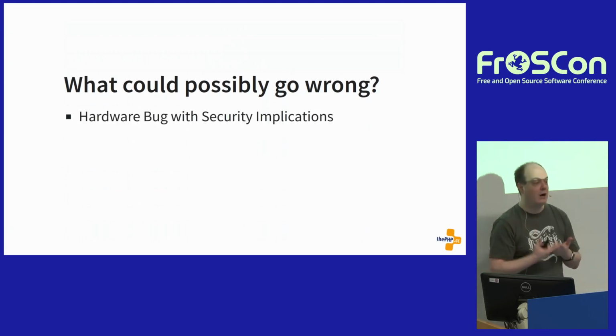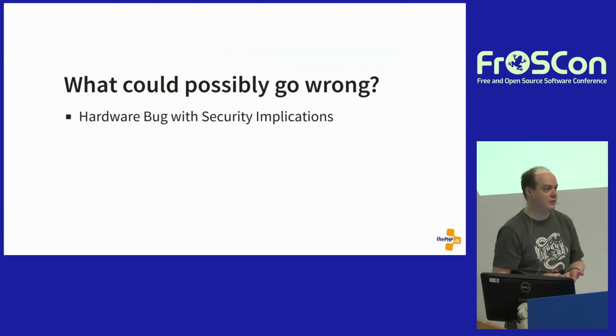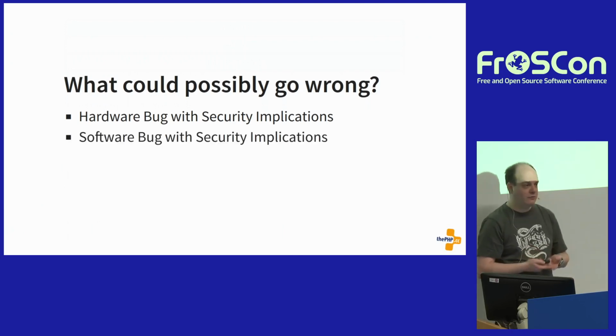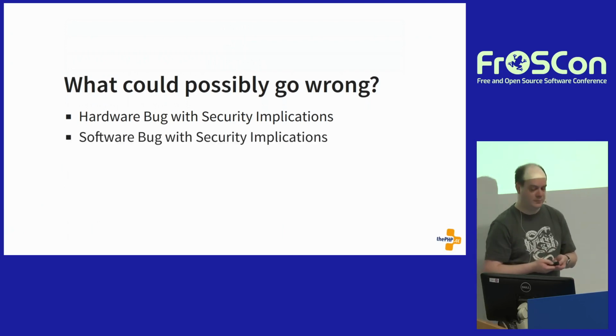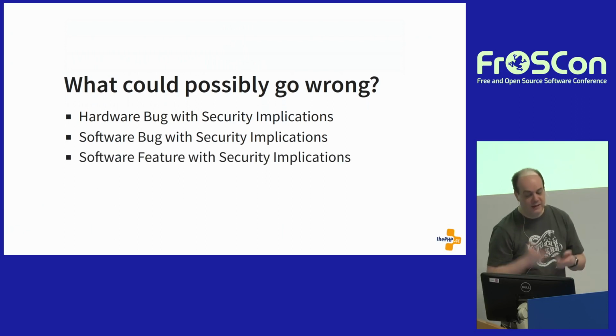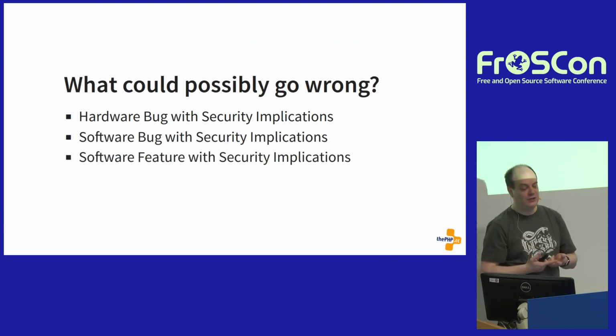Well, there could be a hardware bug with security implications. There could be a software bug with security implications. There could be a software feature with security implications, and I cannot stress the difference between the two enough.